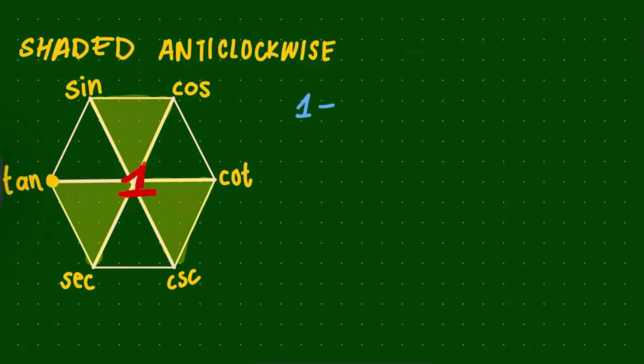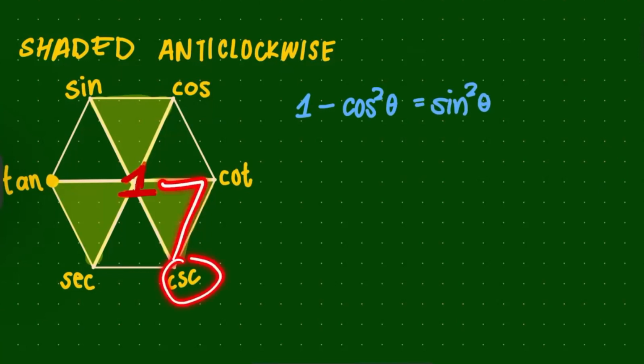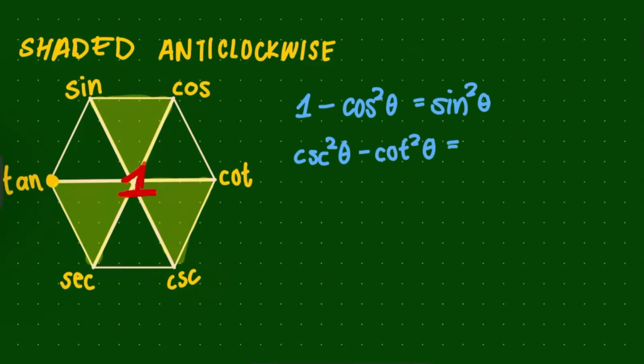So 1 minus cosine squared equals sine squared theta. I'm now going in this direction. Secant squared theta minus cotangent squared theta equals 1. And lastly, squared theta. Now that's it for the quarks, QORCS.